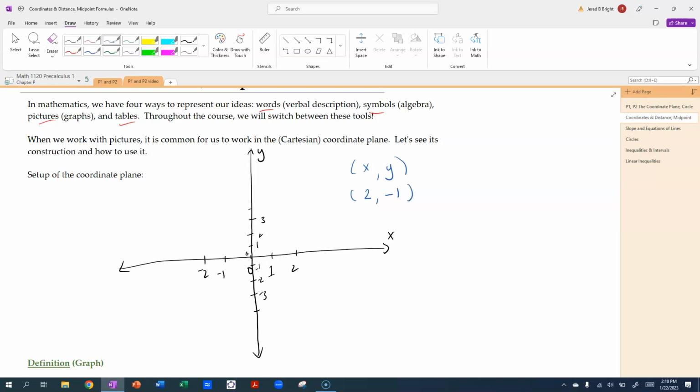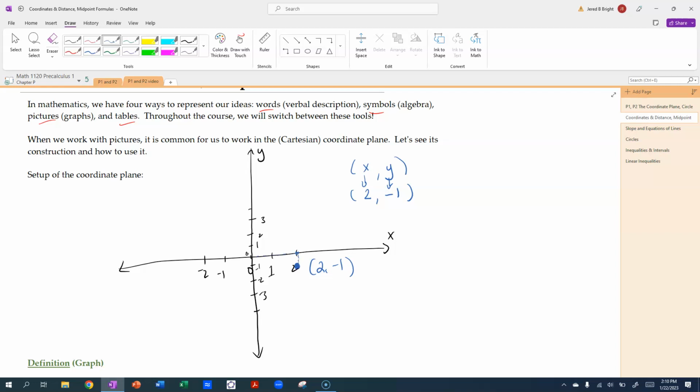And what we would do to locate that point would be progress 2 units in the x direction and then 1 unit down in the y direction. So 2 units in the x and then 1 unit down in the y, so this would be the point (2, -1). And so you can kind of see I trace this out.